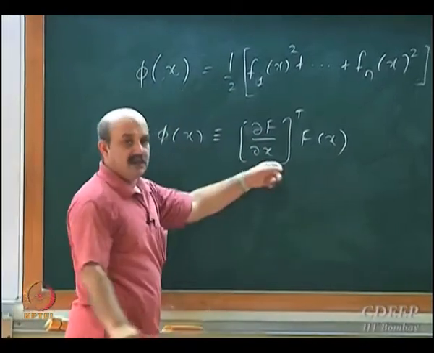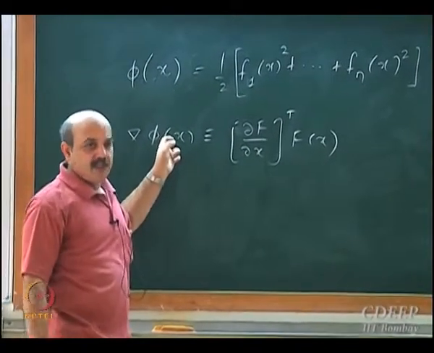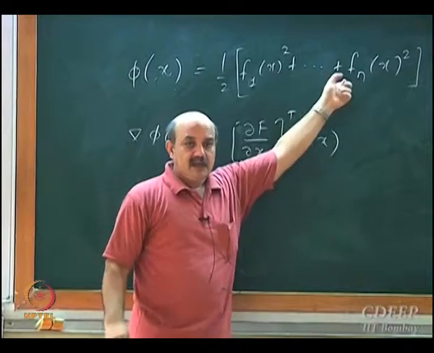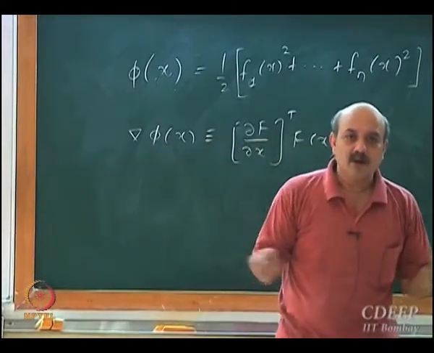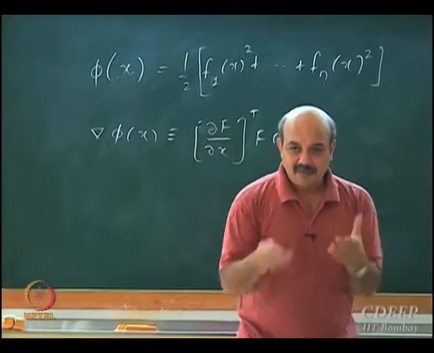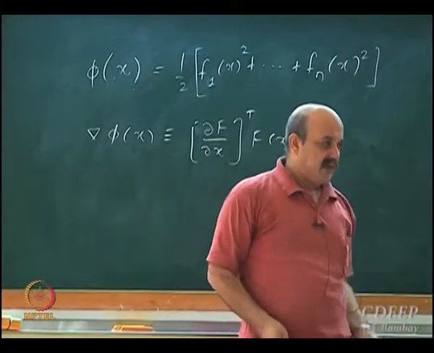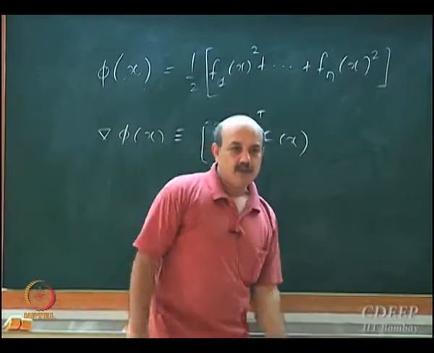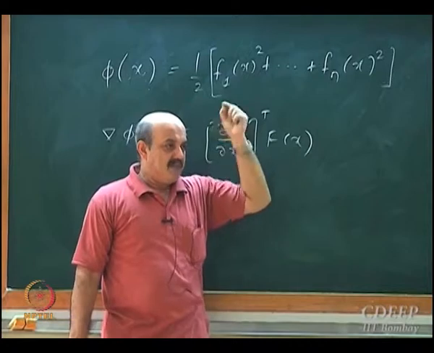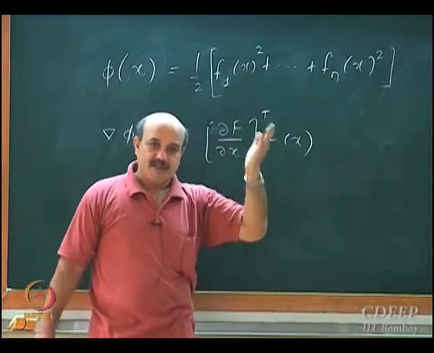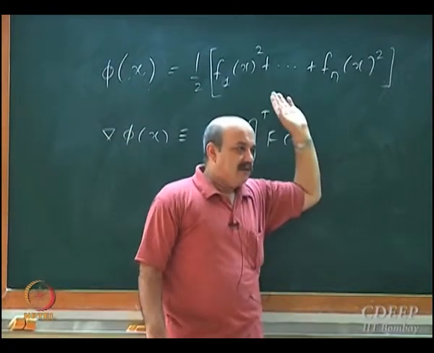These two are equivalent, but in the numerical computation, how do you compute the numerical Jacobian or numerical gradient? We have a subroutine which we have written in the programming tutorial. We perturb each element by plus epsilon, minus epsilon, and then find out.